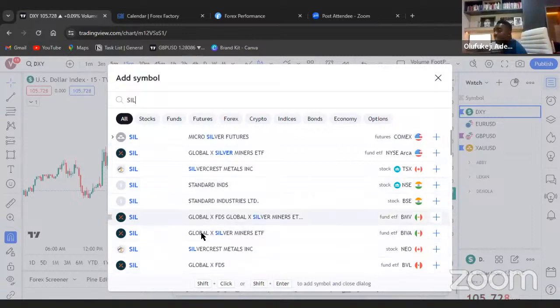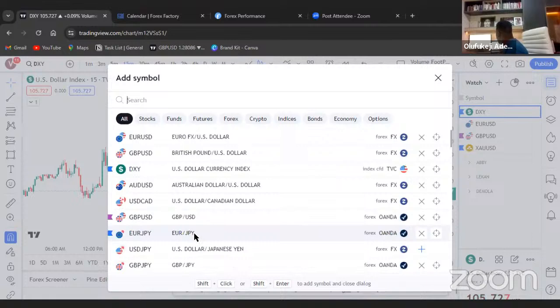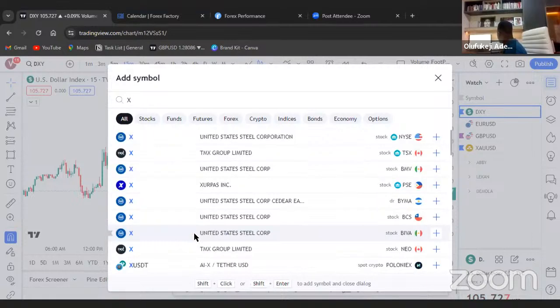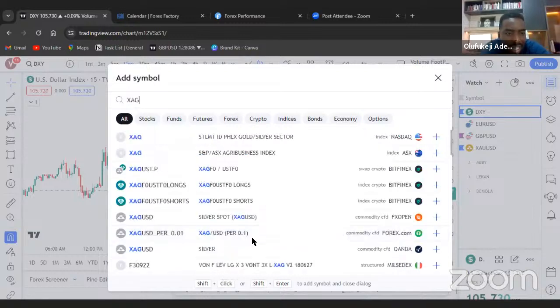I think platinum is XPT, silver is, what is silver again? XAG, that's the scientific name. XAG USD, silver spot, that's it there.